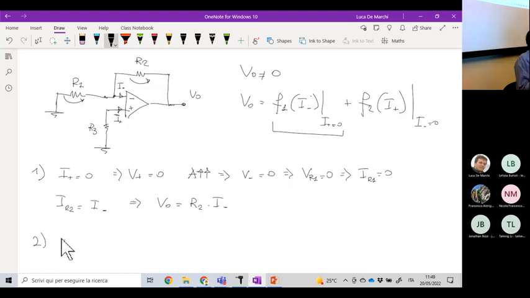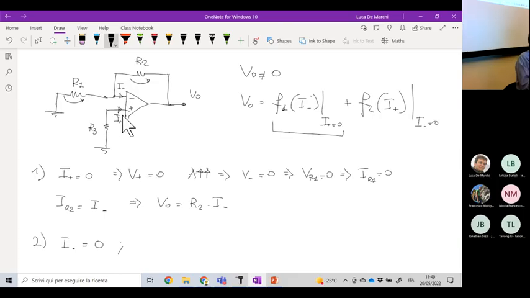Second condition, to determine F2, we now assume that I minus is equal to 0. I plus now is not equal to 0 because we have I plus generating a voltage drop across R3.